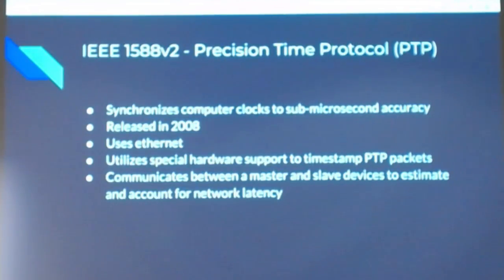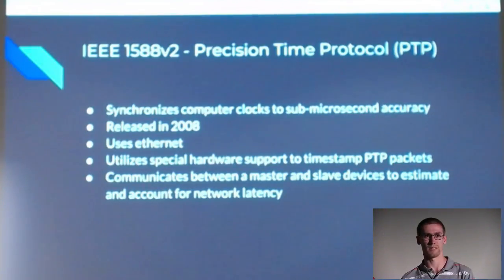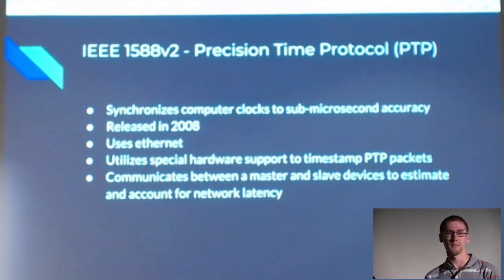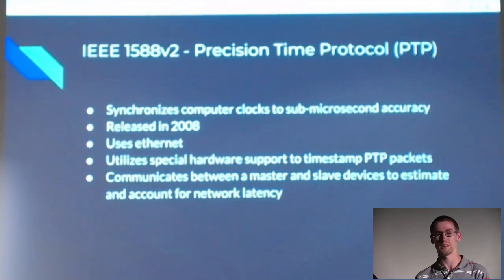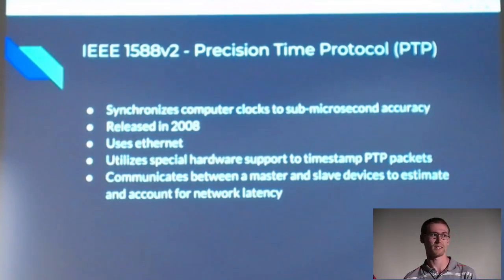It's for Ethernet networks, and the main point of it is it uses special hardware that timestamps at the hardware level rather than the software level in order to make accurate timestamps. And it uses messages between the master and the slave devices in order to calculate what the synchronization accuracy is between the devices.